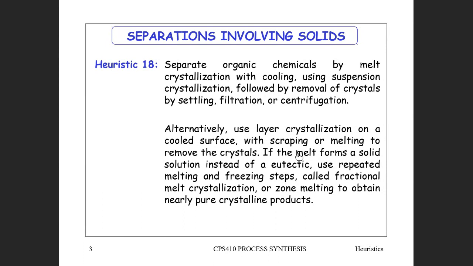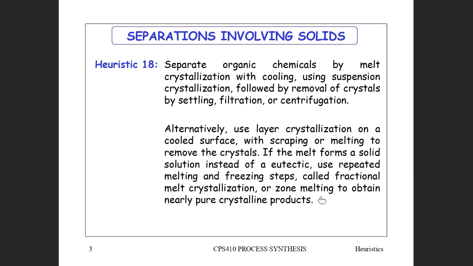If the crystal is a mixture of the various components, then you can use repeated melting and freezing steps called fractional melt crystallization. So in other words, you freeze and you get a layer on the wall.